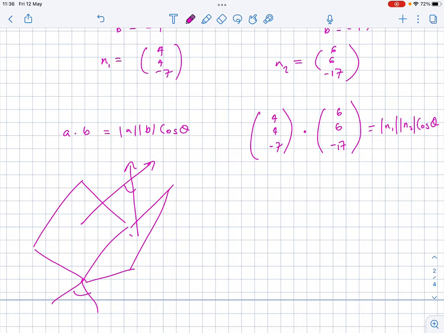How do you know what? 167. And then we've got to find the magnitude of both of them, and we're actually going to divide by that. Oh, that's nice, 81.